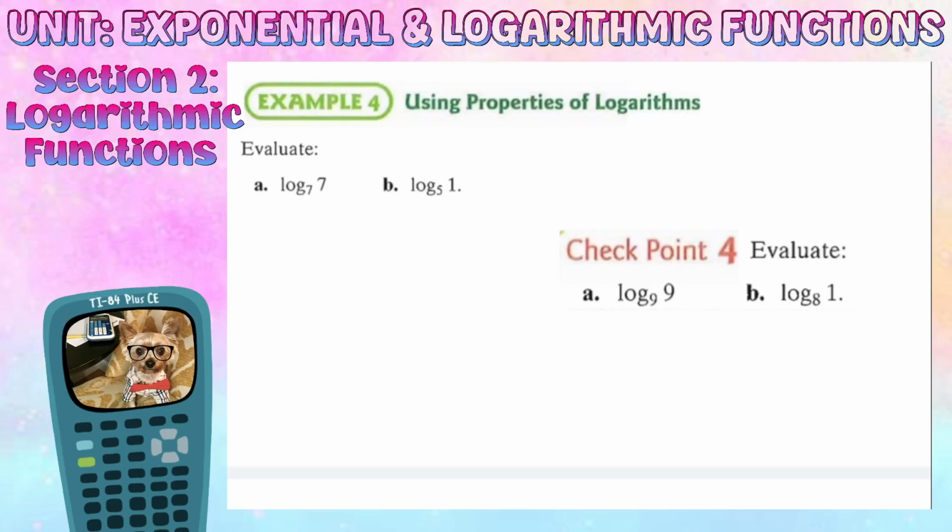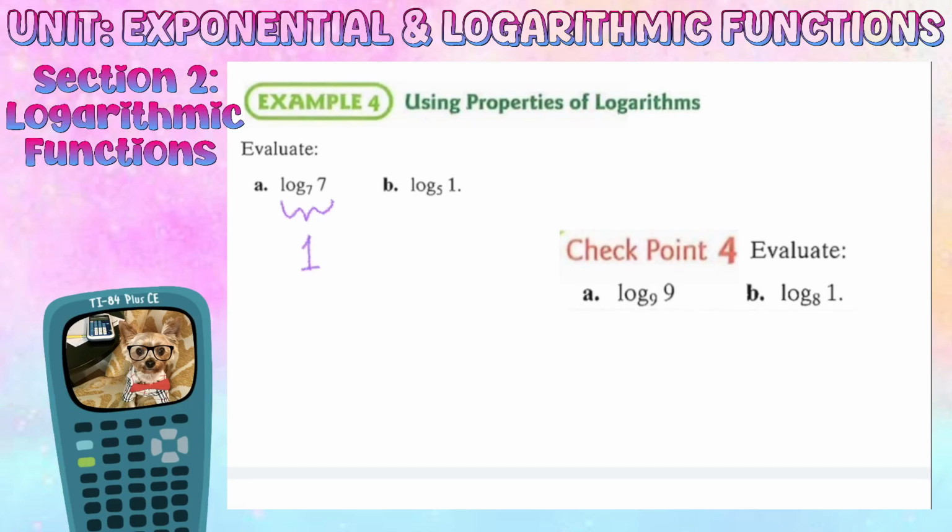Okay, so based on how we just did example 3 in the last video, we're going to look at these the same way. So how do I read this question? This says 7 to what power is 7? And that answer is 1.